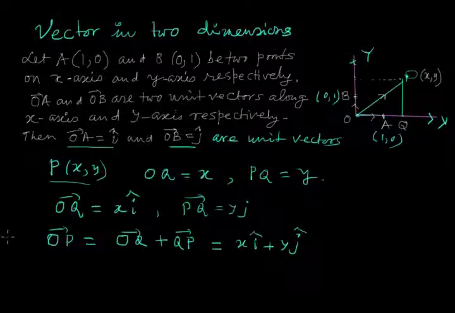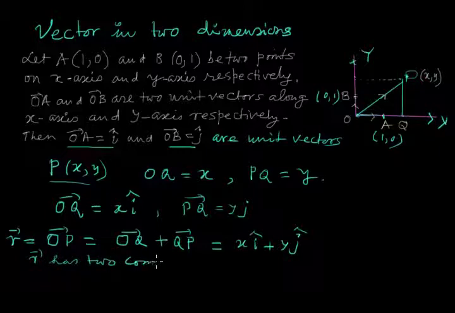Now we name it as vector R. So vector R has two components, xi and yj.